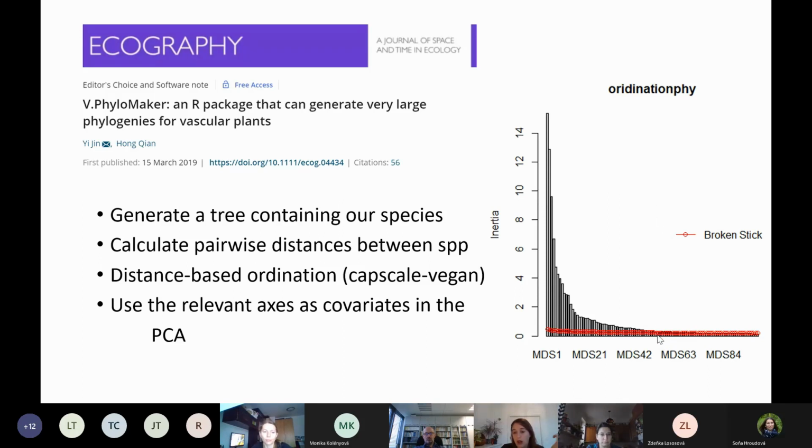It was around 50 axes. So we used all of these 50 axes as covariates in the PCA. We basically run the same PCA as before, but including these axes in the PCA.